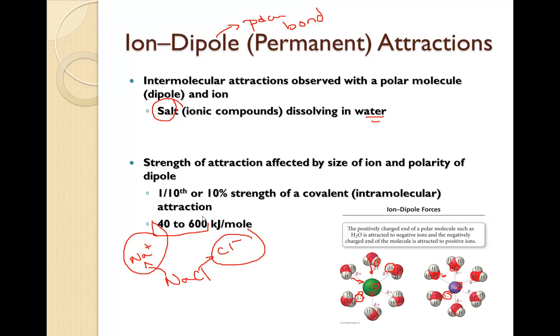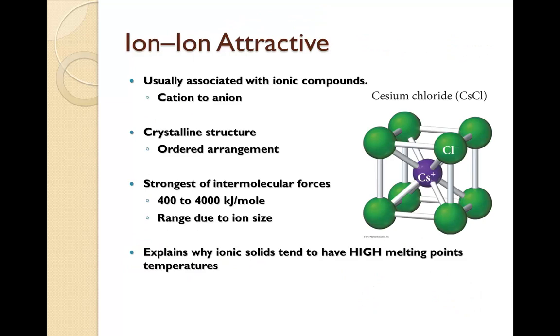If we look at just the ionic bonds and the ionic attractions, this is even greater, from 400 to 4,000 kilojoules per mole. It's usually associated with ionic compounds, cations and anions, because cations are positive and anions are negative.